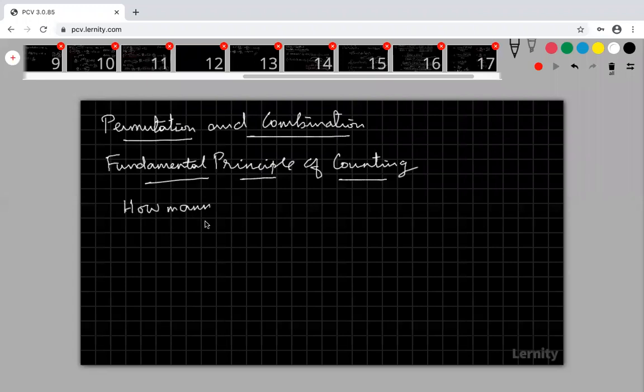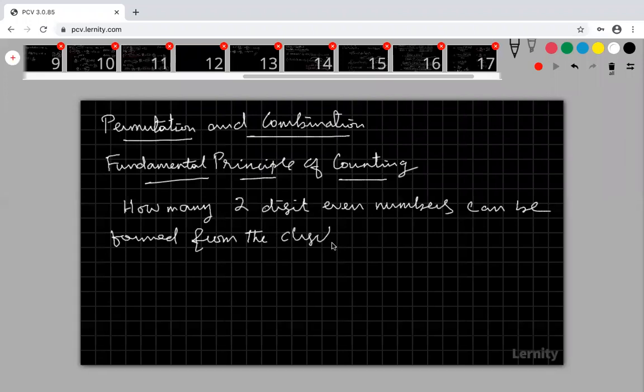How many two-digit even numbers can be formed from the digits, if the digits can be repeated? Are you understanding the question first?